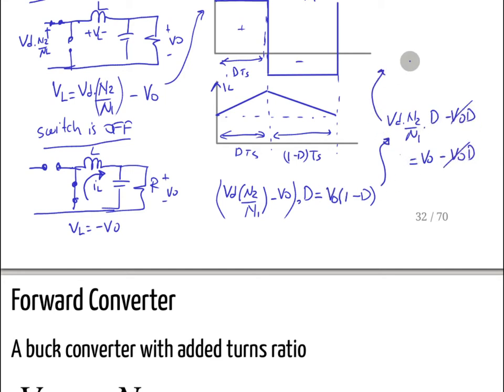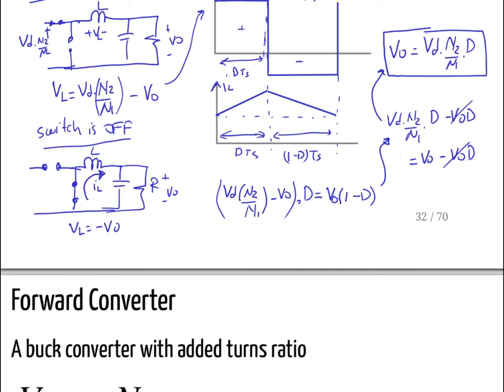So you can quickly write VO is equal to input voltage times N2 over N1 times duty cycle, right?